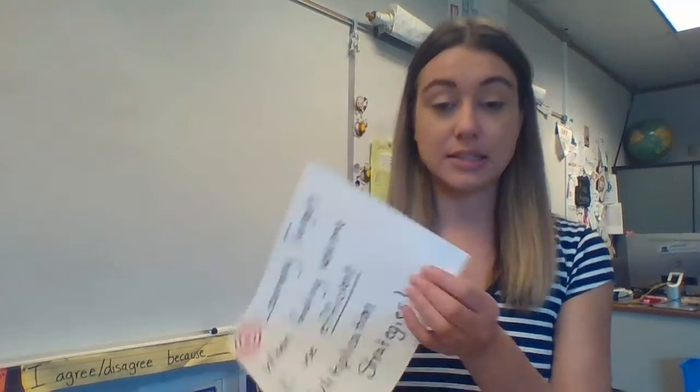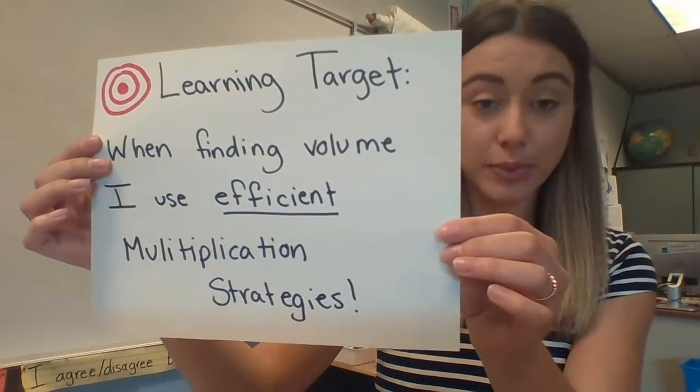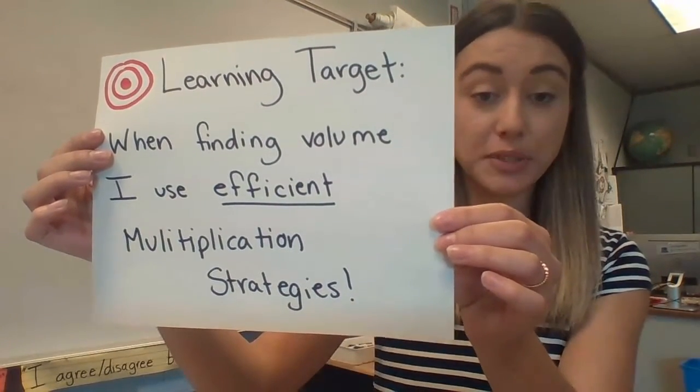All right, friends, for our learning target today, it says, when finding volume, I use efficient multiplication strategies. So the last video you watched was on how to find volume, and all 3 of your pages this week are on volume. Now I want to remind you of some efficient multiplication strategies that you can use when multiplying these bigger numbers.